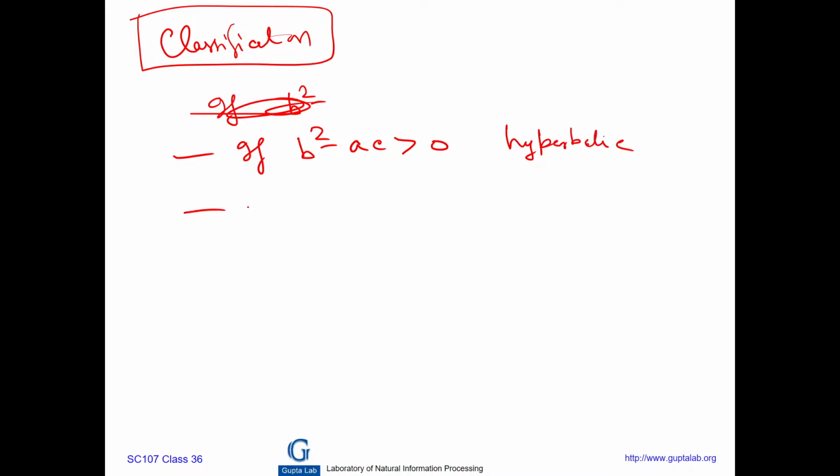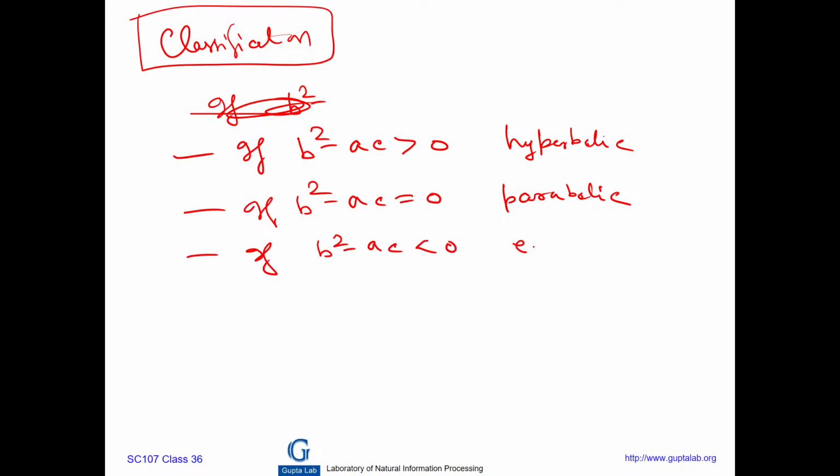So if b square minus ac is positive, the equation is called hyperbolic, right? If b square minus ac is 0, it is known as parabolic, and if b square minus ac is negative, it is known as elliptic.